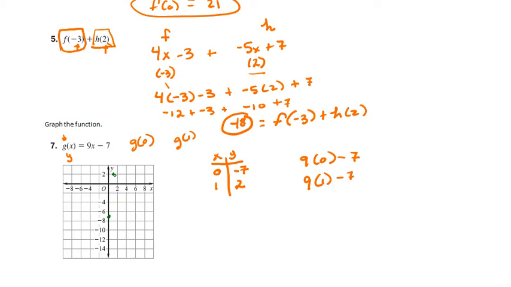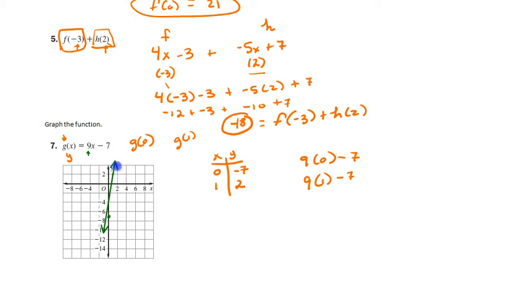Now I can also look at this as my original equation had a slope of 9, a y-intercept of negative 7. Okay, so if I count, go up 9, 1, 3, 5, 7, 9, and over 1, that's my slope, so it worked.